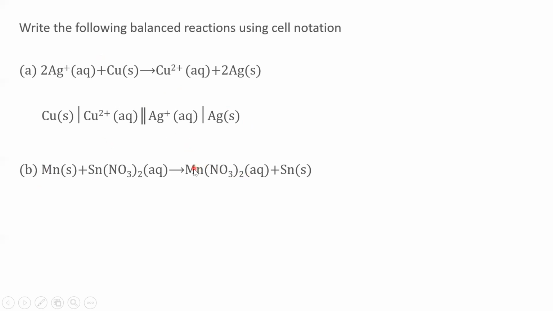Think about what that means for the manganese in this redox reaction. The tin is going from a +2 charge to a 0. Think about what that's doing to the tin in this redox reaction. And then write your cell notation. Remember that the oxidation comes first in your cell notation, followed by your reduction.